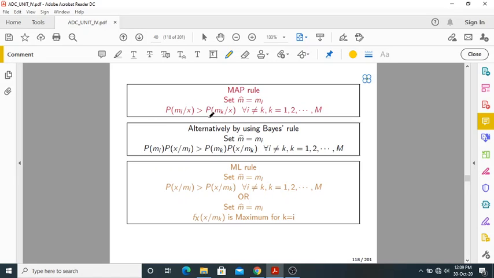I am comparing all a posteriori probabilities. This is a comparison. Please remember, k varies from 1 to m. Okay, see here, probability that mi is transmitted given that x is received. I am comparing; x is common, x is received, we know that, but we don't know what is transmitted. So that's why I vary k from 1 to m.